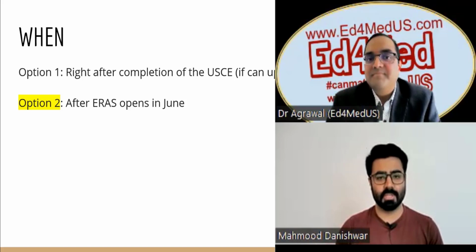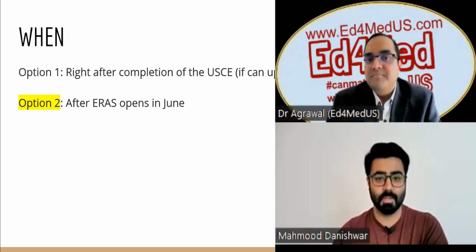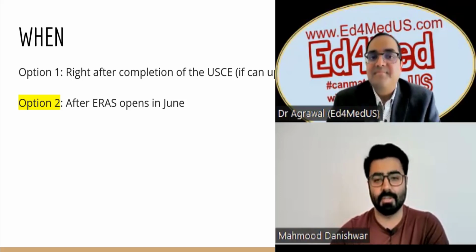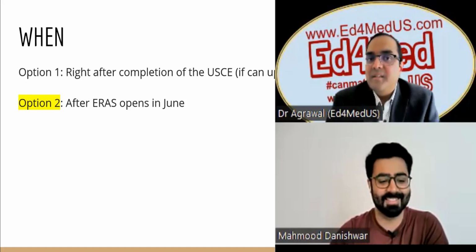So a good time to reach out to people is actually, in my opinion, the start of June. So if you have done rotations before that, then you should just reach out to them and say, hey, I'm going to apply this year, and my application closes in September. So I'm just reaching out to you early so that you have enough time to write a good letter for me. So the earlier you reach your attending, the better for you. We just don't want to pressurize anyone.